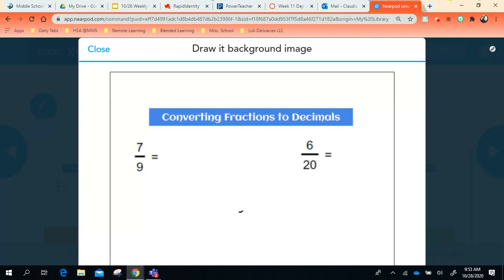Oh, I put it in the back. What's wrong? Oh my God, this is very important.